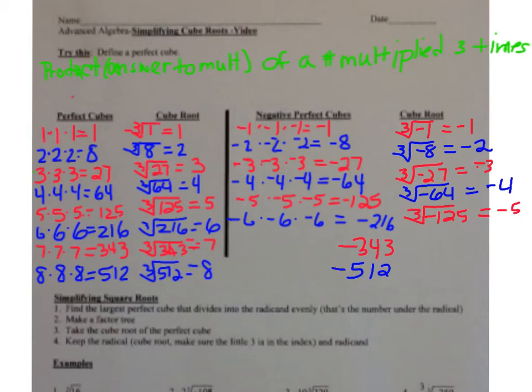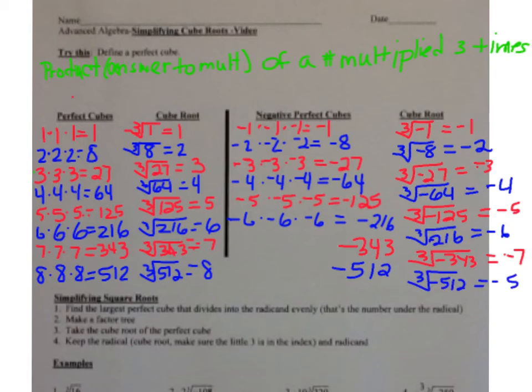The cube root of negative 216, that's a negative in there, is negative 6. The cube root of negative 343 would be negative 7. The cube root of negative 512 would be negative 8, and so on. Okay, so perfect cubes, you can have a negative under there. Just make sure that your answer is going to be negative also.